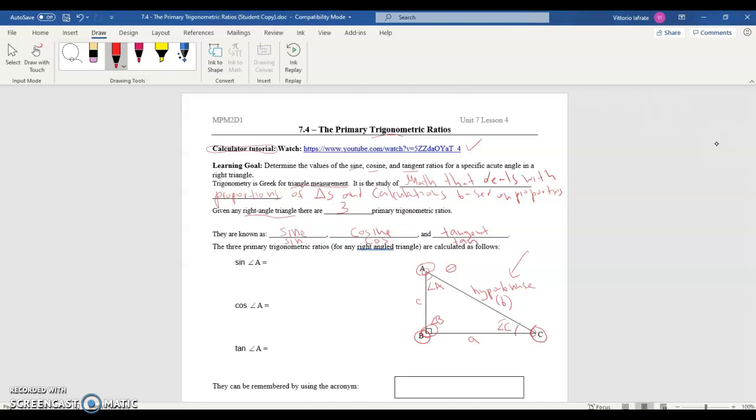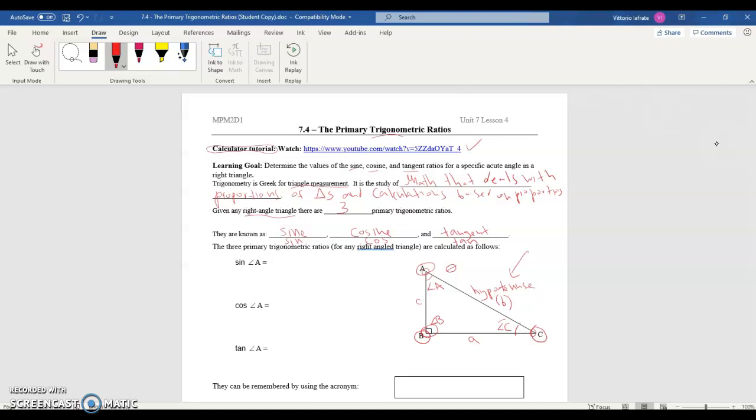So right now we have the hypotenuse labeled, and right now we're going to focus on angle A. These sides are named relative to angle A right now. So side A over here, compared to angle A, is the opposite side.